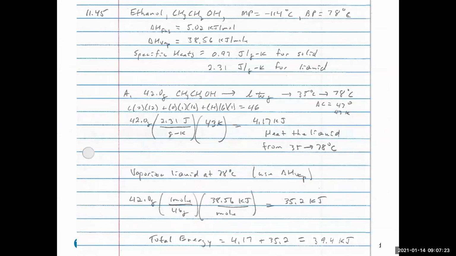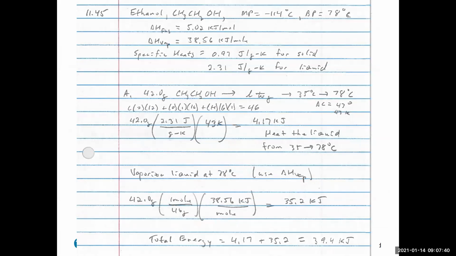Okay, now let's do some math. This is number 1145. In this case, we're talking about ethanol. C2H5OH is ethanol.